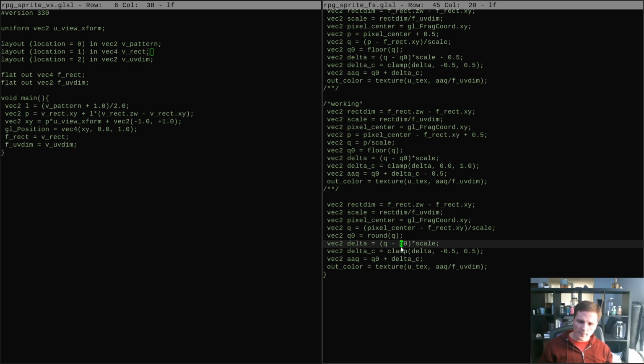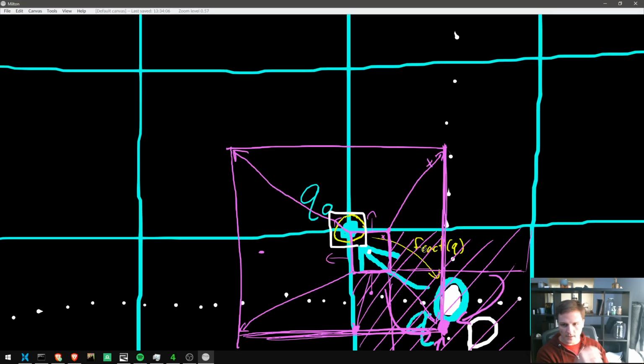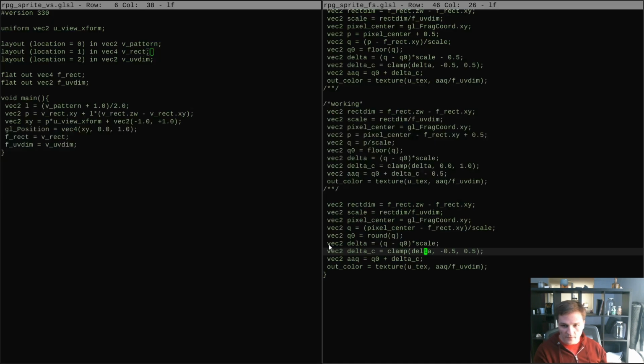I think my problem is that the clamp is happening in pixel space, which doesn't quite make sense. I think you can get away with clamping in pixel space, but you're actually trying to clamp in texel space, I think, right? You have this confusing thing where delta kind of moves through both. I'm saying that it's in pixel space because I'm applying the mapping back into pixel space.